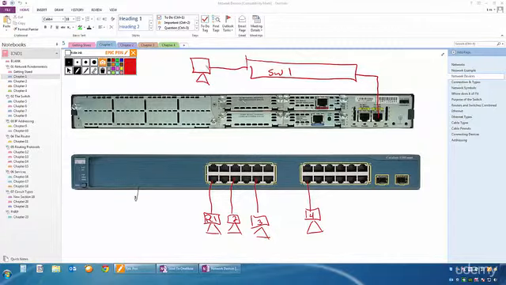So if a PC is on a different network, we would use a router to allow that communication. So a switch is there to allow communication between devices that are on the same network, and a router is there to allow communication between different networks.